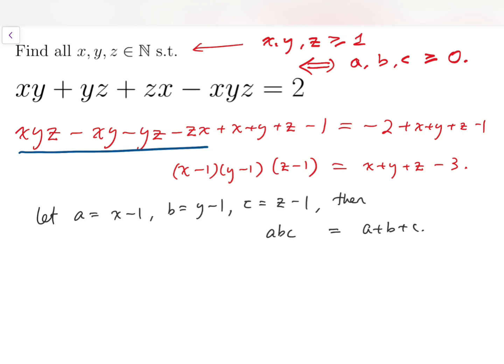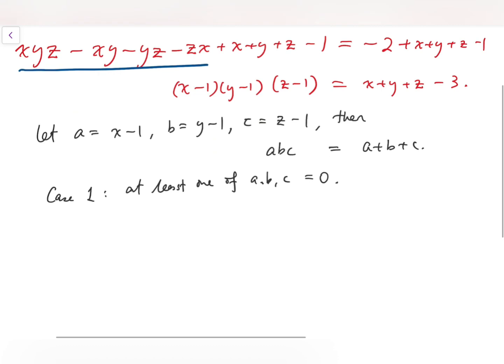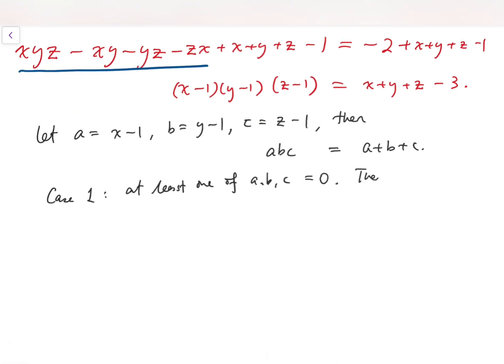So to solve this, we divide into cases. The first case is that at least one of a, b, or c equals 0. Then say, for example, a equals 0 by symmetry, or you can use the phrase without loss of generality.